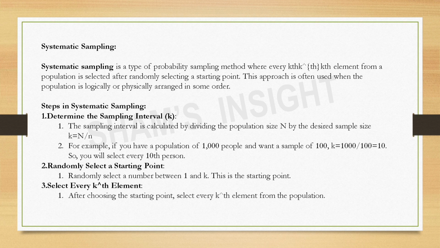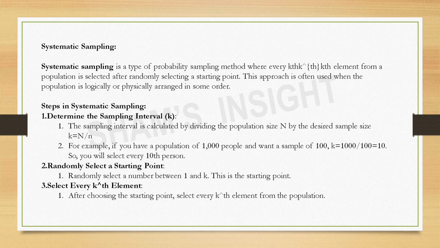So let's see. Systematic sampling is a type of probability sampling method where every kth element from a population is selected after randomly selecting a starting point. This approach is often used when the population is logically or physically arranged in some order. So the steps in systematic sampling: first determine the sampling interval. It can be calculated by N divided by small n, like in this example.